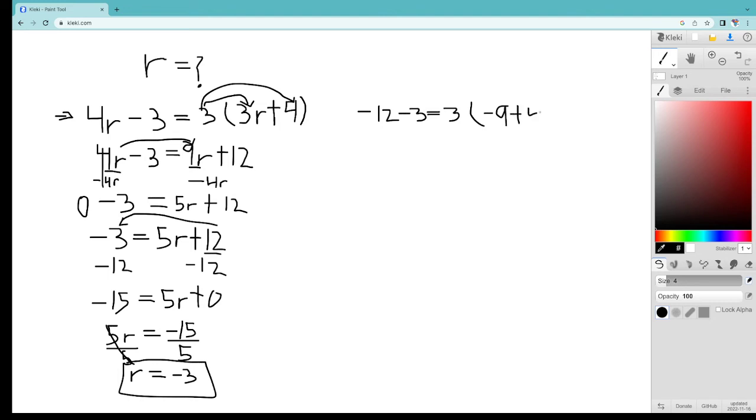Evaluating that out, on this side we get negative 15, equals, and then 3 times negative 9 plus 4 is negative 5. So we get negative 15 equals negative 15. And that works. So we know that this is correct.